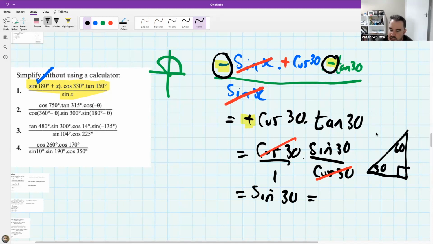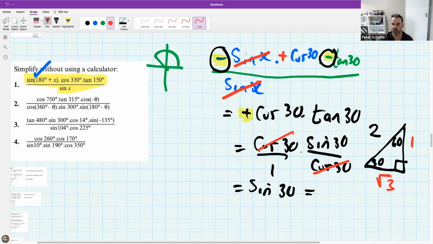Yes. And so you need to know these. Let me see if I can remember mine. So the sine of 30, so that would be 1, and that would be root 3. So there are two triangles that you need to know. It's the 30, 60, 90, and then the 45, 45, 90. If you used just this triangle, what would the sine of 30 end up being?